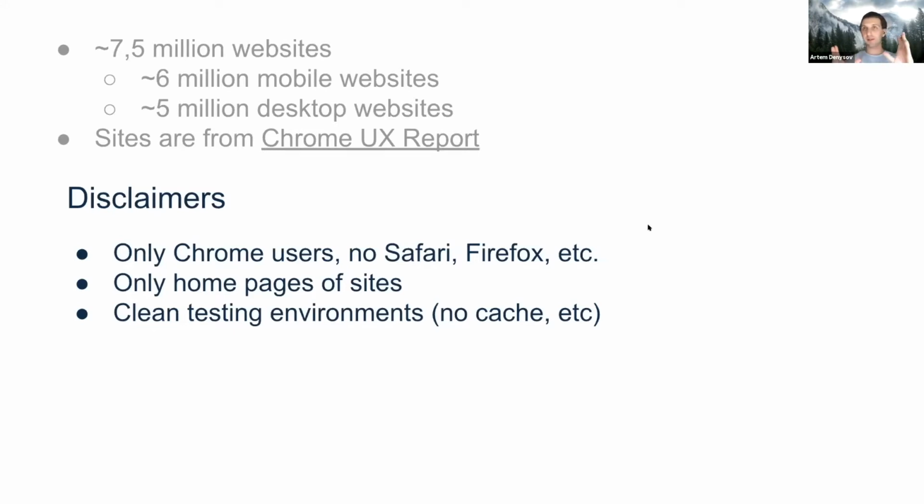So we are analyzing only home pages of the websites in our datasets. And also we have a clean environment, so no cache or something like that. And it also has its stamp on how it's performing. Someone can argue with that, someone not, but that's what we have.